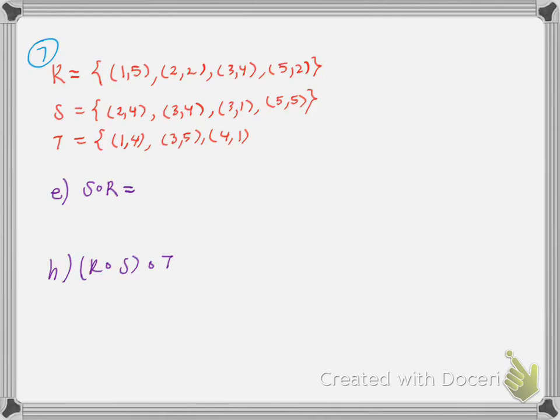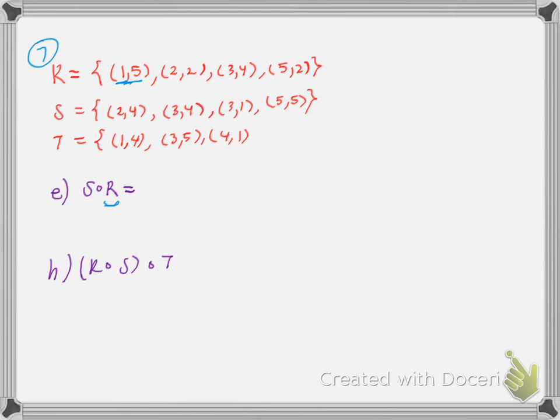So S composed with R. Remember with composition of functions, this is pre-calc stuff that I actually just taught in pre-calc, but now it's in foundations. In terms of relations, you start with the innermost relation, so R. You just look at the first pair in R, or element in R, I should say, and so 1 goes to 5.